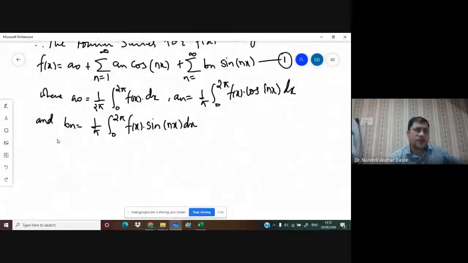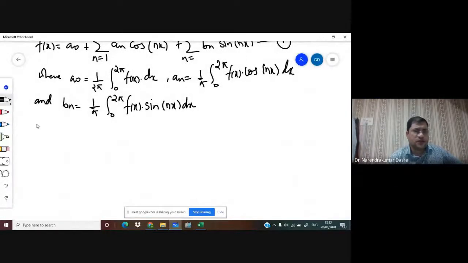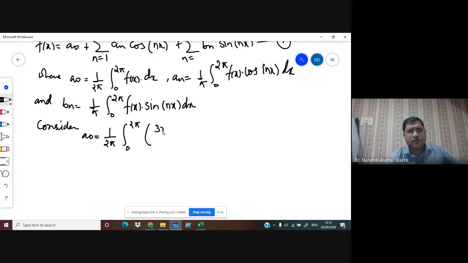So let us evaluate this one by one. We consider a0 first. Hence a0 is equal to 1 upon 2 pi integral 0 to 2 pi (3x square minus 6 pi x plus 2 pi square) by 12, and this is dx.